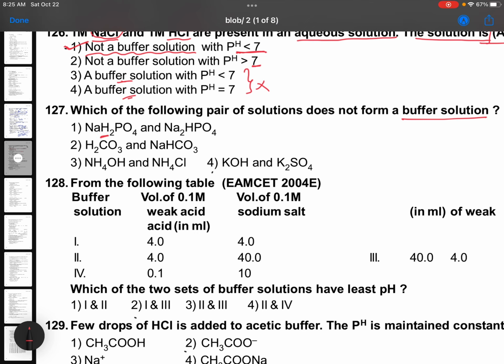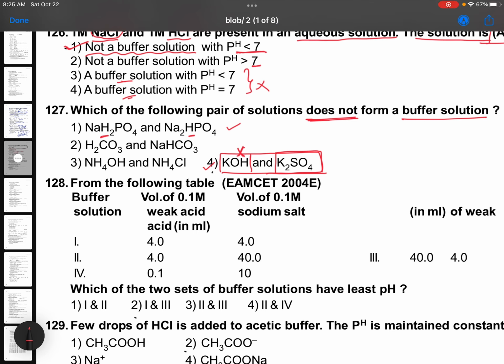So this is acid, and you can say it is a weak acid and a salt with its strong base. But if you see this one, it's a combination of strong base and its salt with strong acid. So this combination won't work out. So this is your answer.